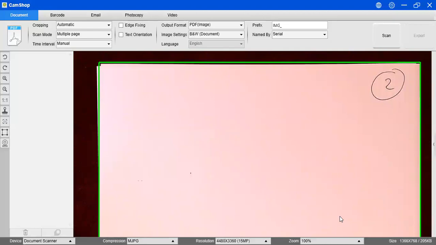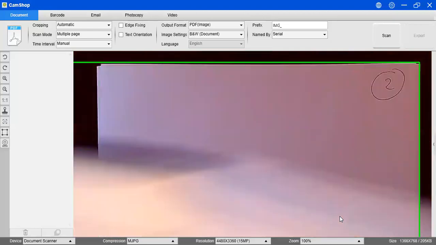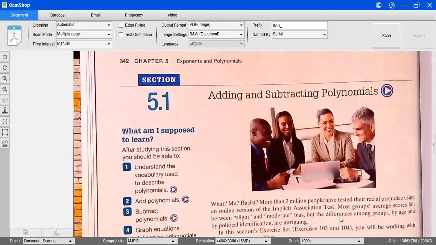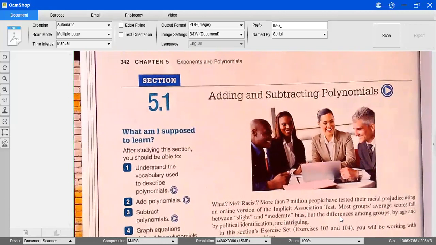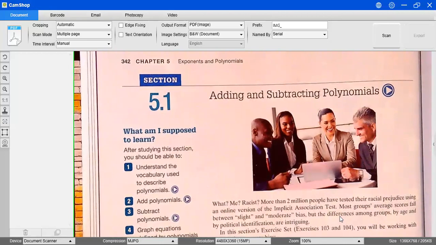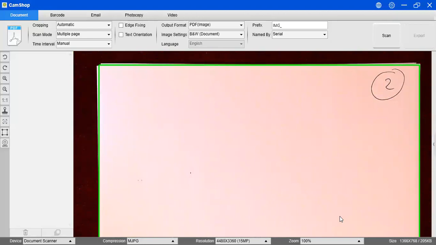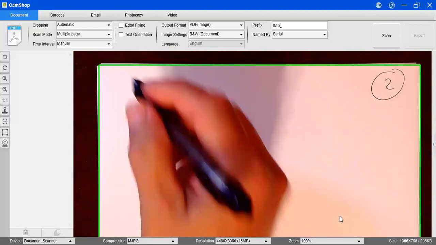So we're going to start with section 5.1. Here in your book, section 5.1 on page 342 is about adding and subtracting polynomials. So let's start with that section. And we're going to work a lot of examples.